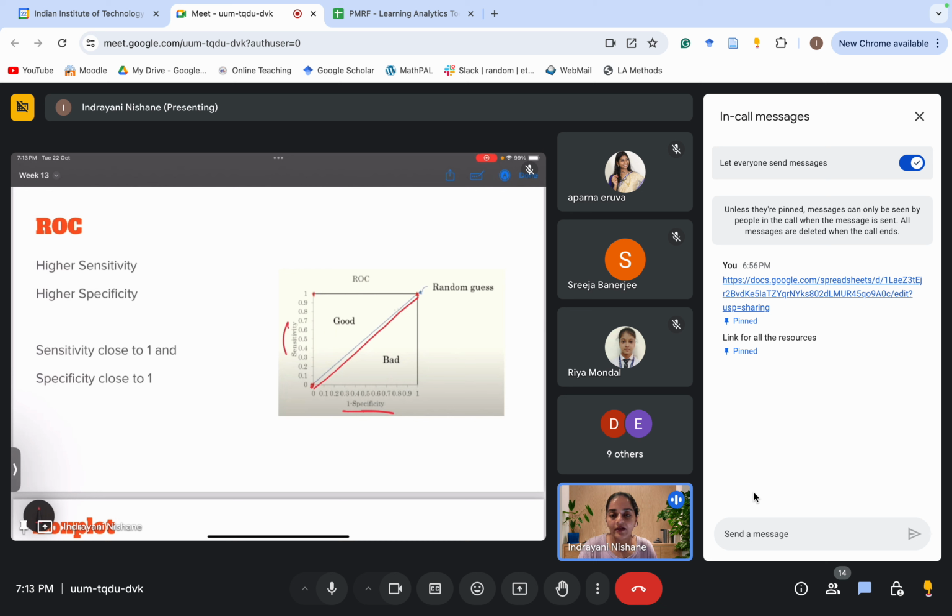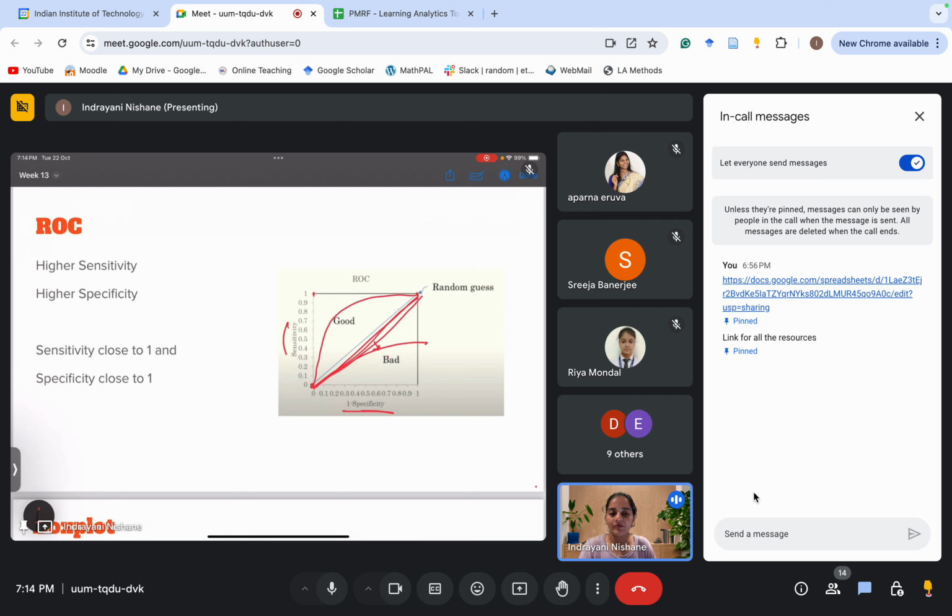But what if it is randomly guessing certain values? Then your graph of sensitivity and 1 minus specificity will look like this 45-degree line. Any curve which is falling below this line is bad, and anything going above this line of random guess is considered good.